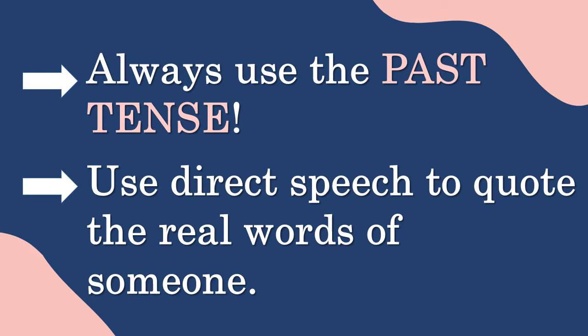And because it's a newspaper report which has to state the event exactly as it occurred, you should use direct speech to quote what somebody has said, which means that you can state the actual words spoken by somebody using quotation marks.